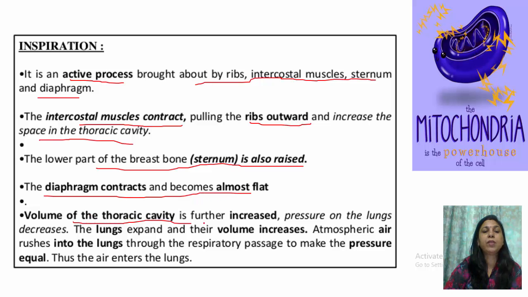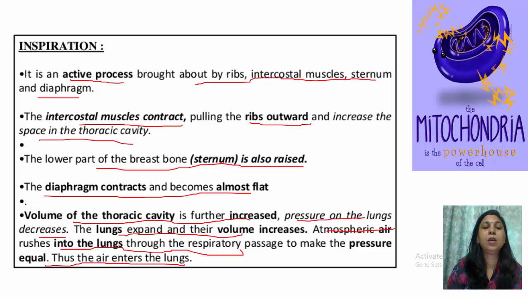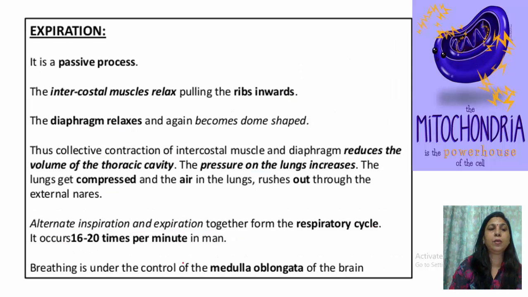The volume of the thoracic cavity is further increased. Pressure on the lungs decreases. The lungs expand and their volume increases, and atmospheric air rushes into the lungs through the respiratory passage to make the pressure equal. Thus, the air enters the lungs, and inhalation is done.